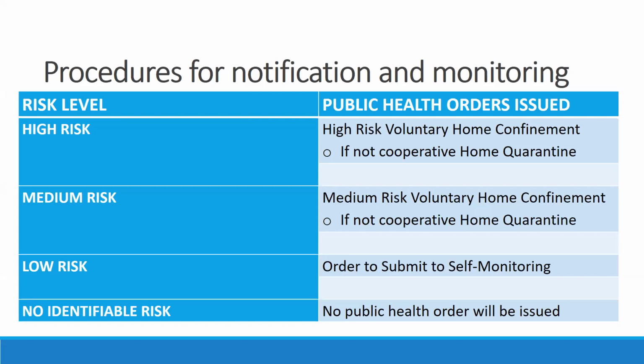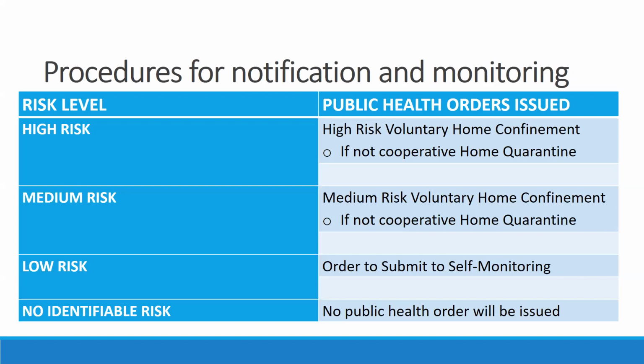So what's common across all of these risk levels is a component of the order requires these individuals to check in with local public health twice a day to ensure they remain fever-free and that they're not having any respiratory symptoms. So our local public health partners have been assessing these returning travelers from China, and now that will include Iran.